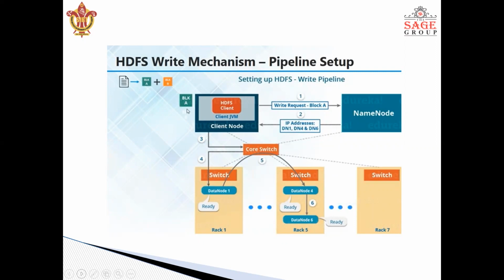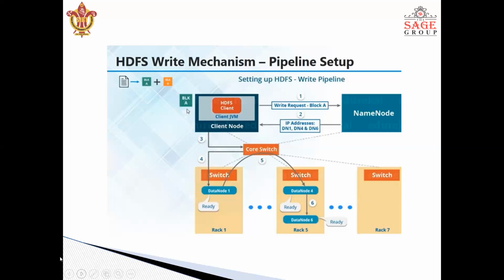Let us say that I have got a text file, maybe called example.txt or helloworld.txt, and I have divided it into 2 data blocks, block A and block B. Let us talk about block A first.